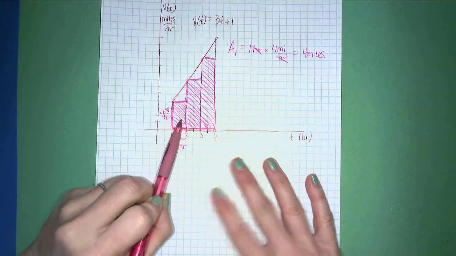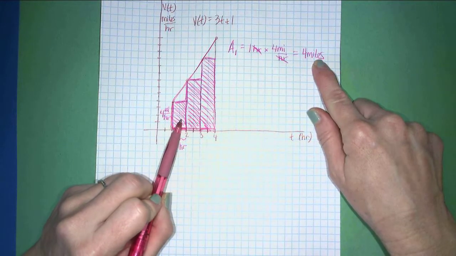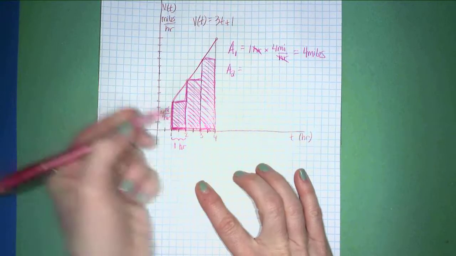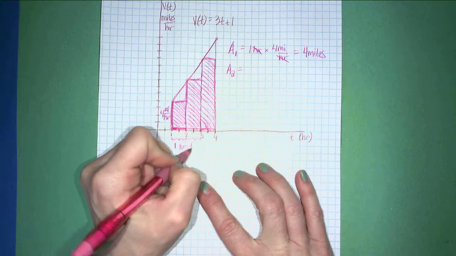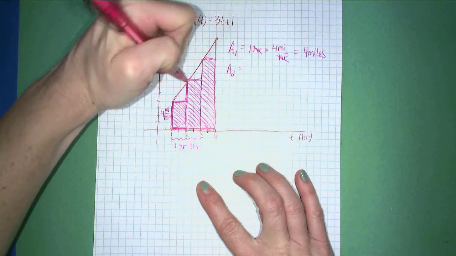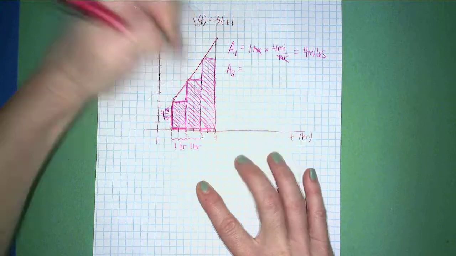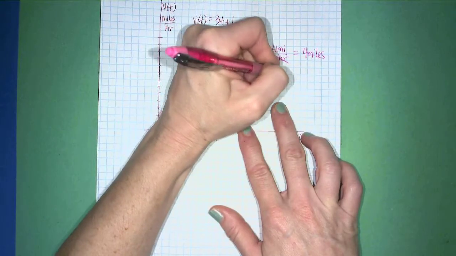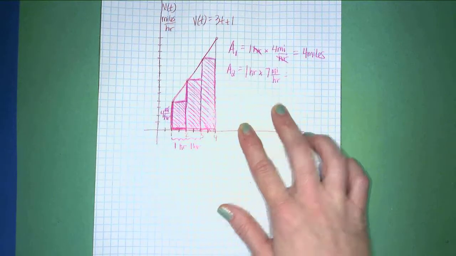Interesting. It seems that the area trapped under a velocity graph, the way the units work out, is giving me position. If I do area 2, the second rectangle, again I have 1 hour, and my height here is 7. So 1 hour times 7 miles per hour, those hours cancel, gives me 7 miles.